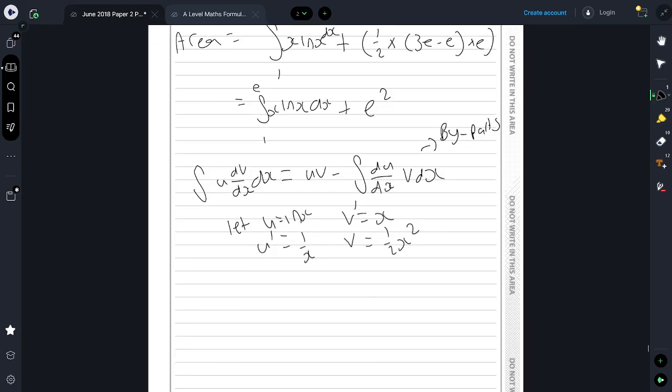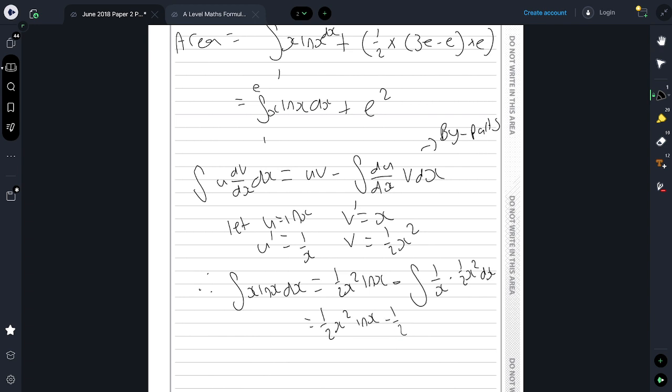Okay, so then the integral of x ln x via this formula, if you substitute it in, well, that's uv, half x squared ln x, minus the integral of du by dx, which is going to be 1 over x, times v, which is a half x squared. And that's going to be half x squared ln x minus the integral of, well, I'm going to take a factor of a half out, right?